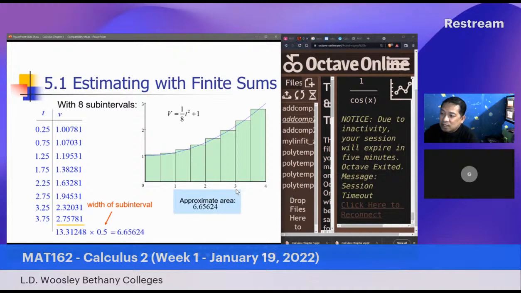Still 6.65, approximate area. The exact answer of the problem is 6.6 continuing 6. Approaching na siya. Malapit na siya. Kasi pag liliitan pa natin yan, we'll be approaching that particular value.